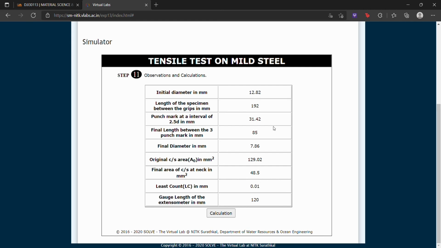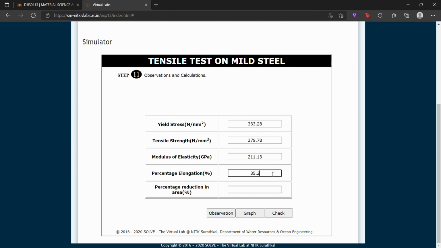So 85 minus 62.84, divided by 62.84, times 100, and then we will get 35.26 as the final answer for percentage elongation.